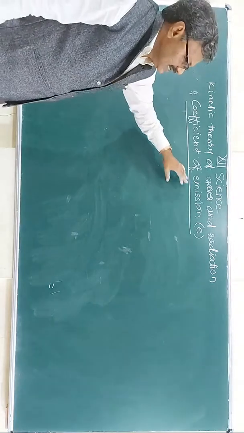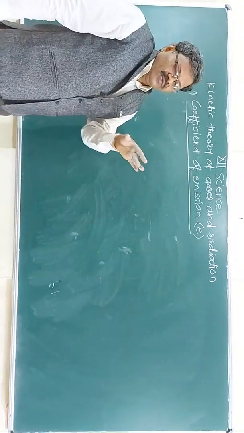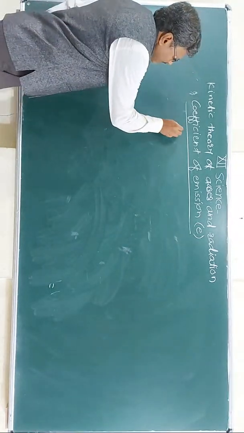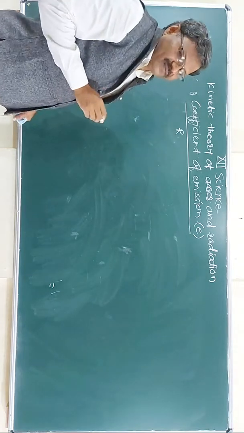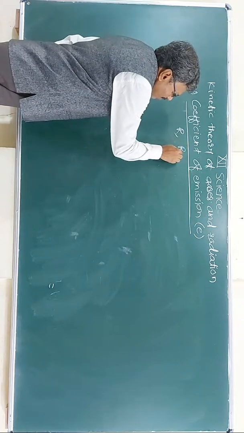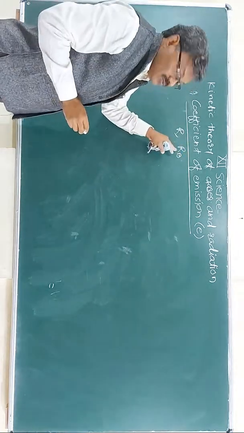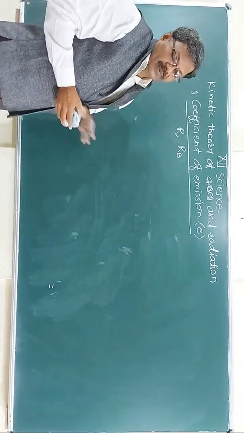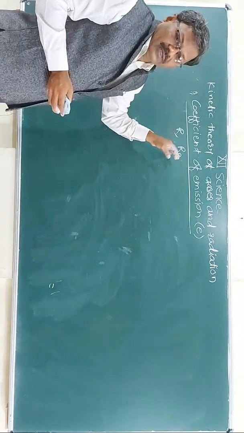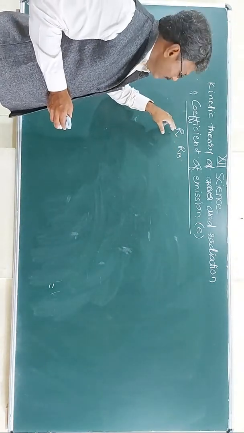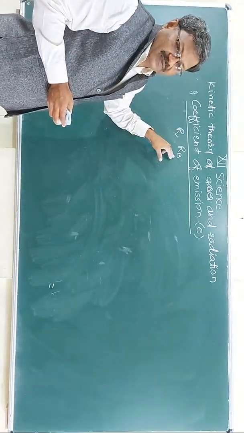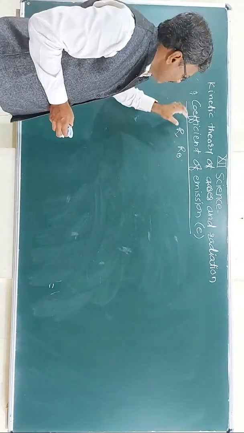This emissivity is the ratio of two emissive powers. The emissive power of the given surface is represented by R, and the emissive power of the black surface is represented by R_B. The ratio of the emissive power of the given surface to the emissive power of the perfect black surface is called the coefficient of emission.